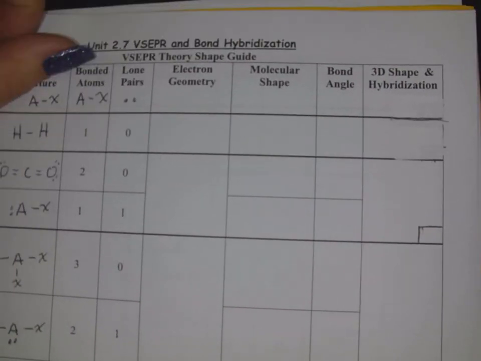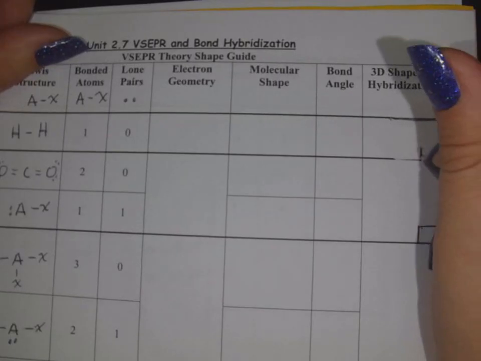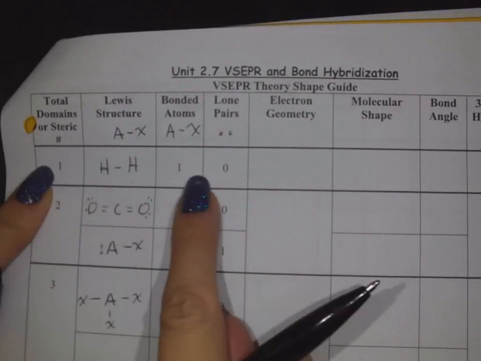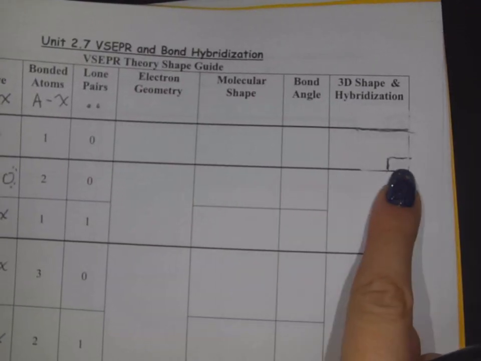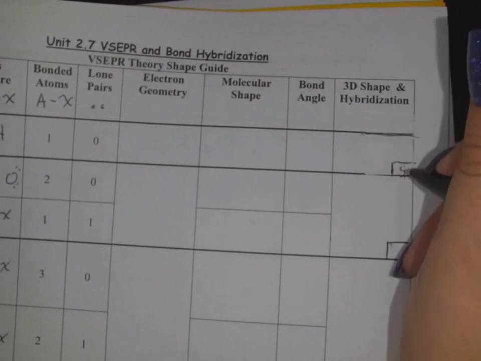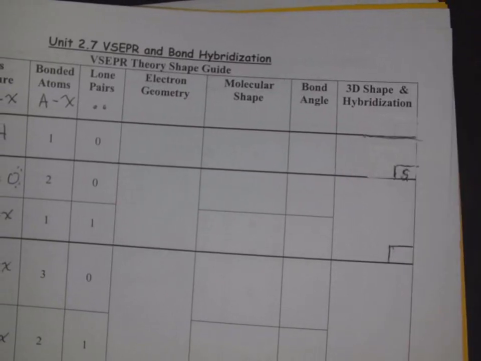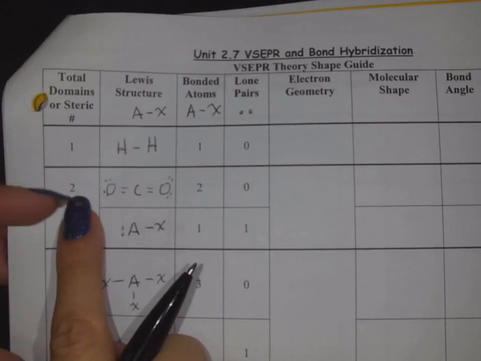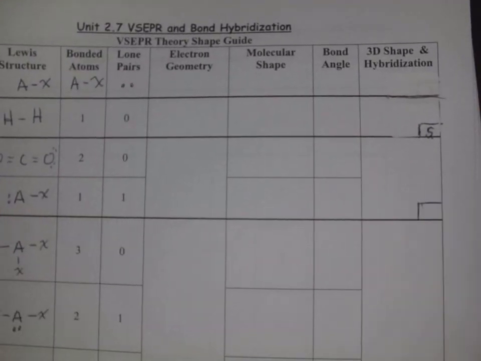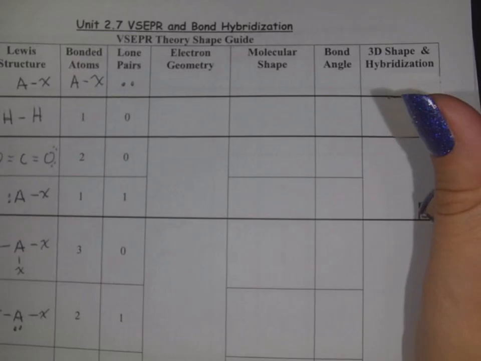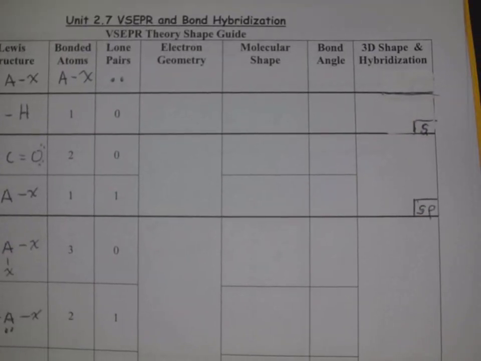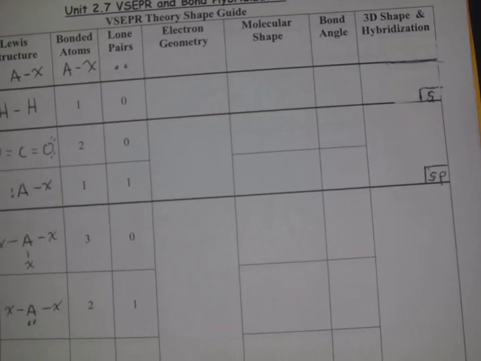Okay, so steric number of 1, there's no hybridization on this. It was just an s orbital. Steric number 2, there is hybridization. s is our first one, and then we're also going to need a p, because when we add those together, an orbital from s, an orbital from p, we get 2 hybrid orbitals that addresses the steric number of 2.